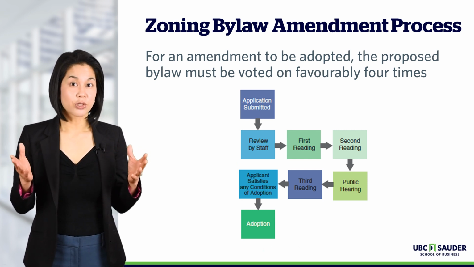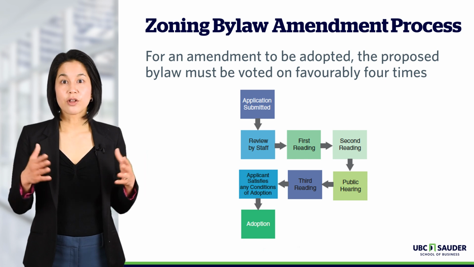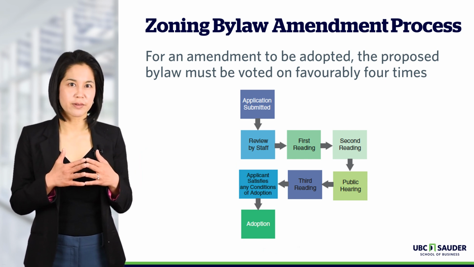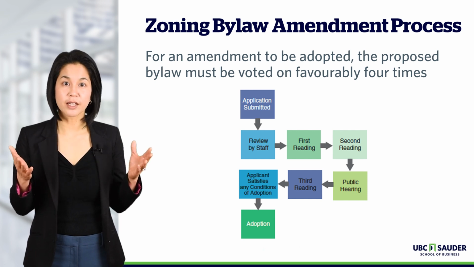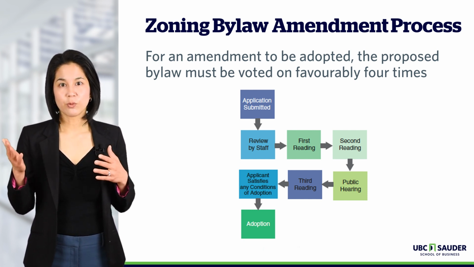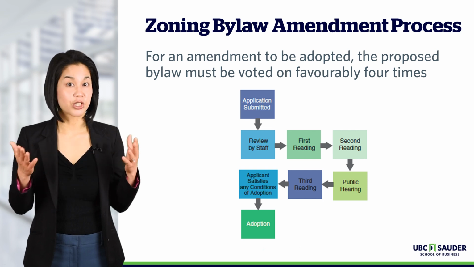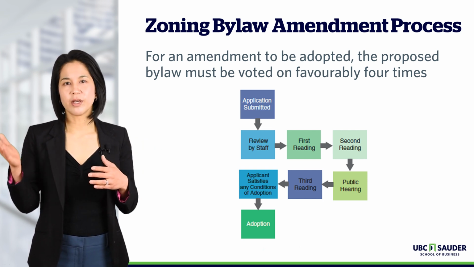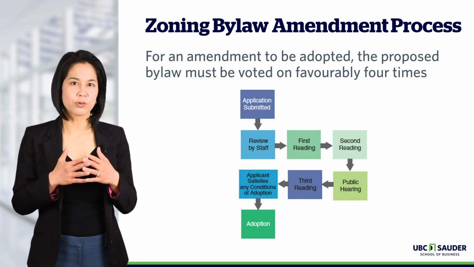If the elected officials vote in favor, the officials authorize staff members to proceed with their negotiations with the applicant. After a second hearing, if officials still support the rezoning, a public hearing will be held, giving the public a chance to have their say. Next, a third hearing will be held where the officials will once again vote.